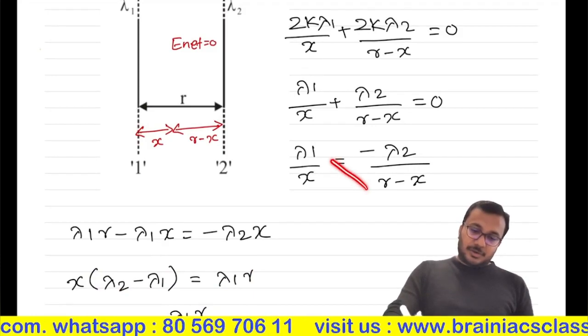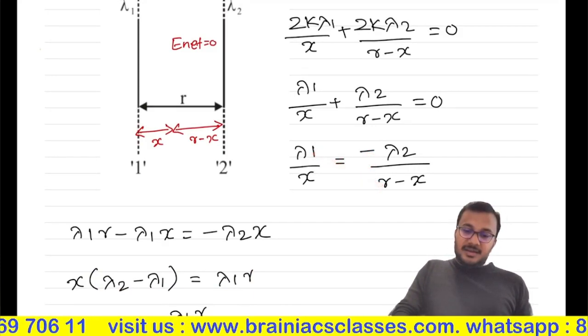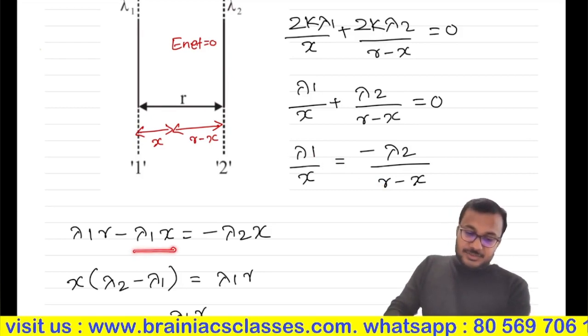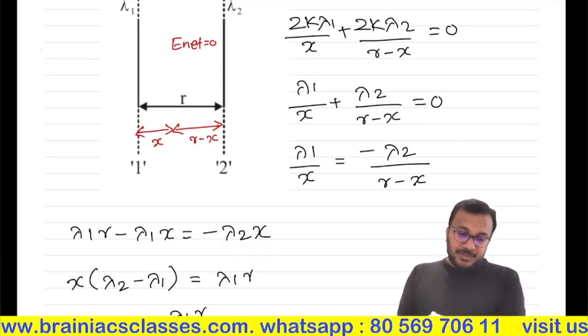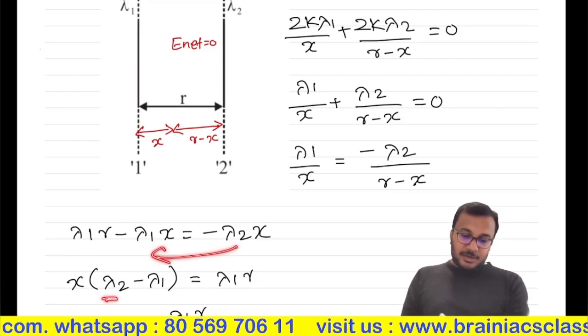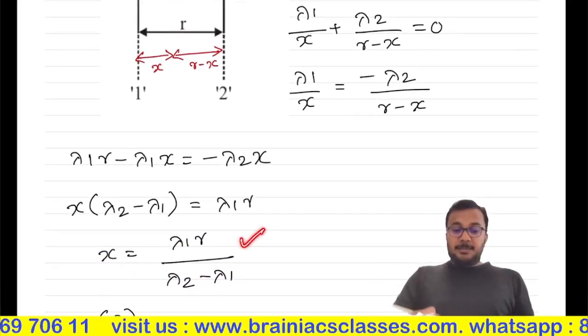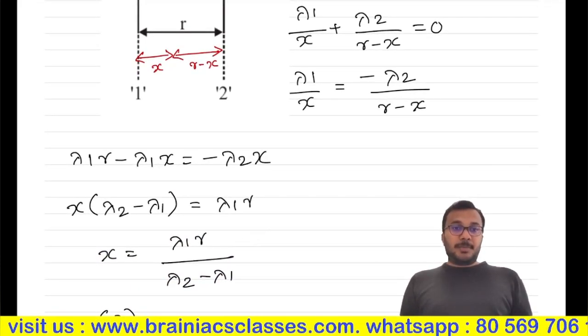Cross multiplying, lambda 1 into r minus lambda 1 into x equals minus lambda 2 x. Taking the x terms to the left side, x equals lambda 1 r by lambda 2 minus lambda 1.